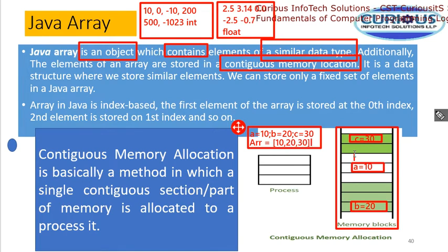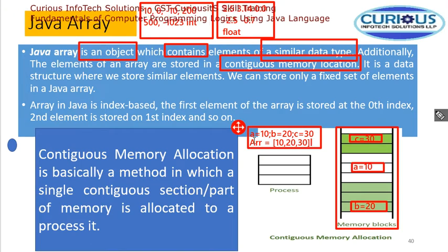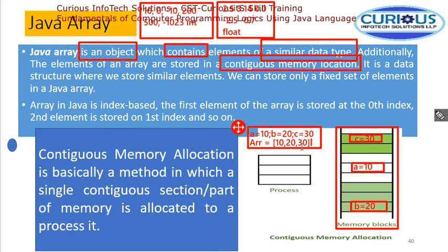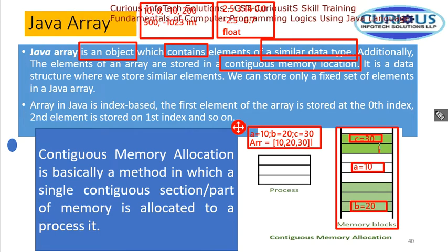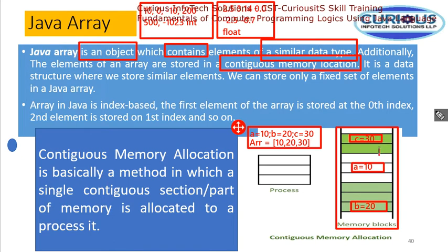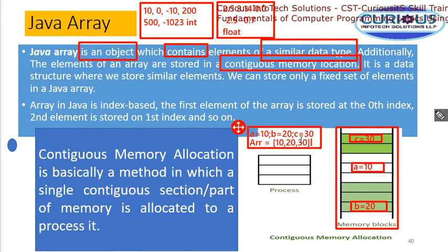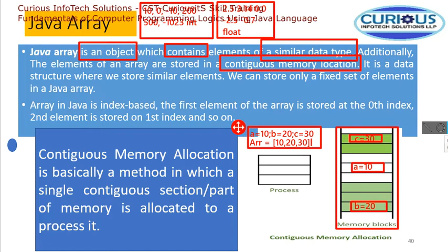This is my one container in which I am storing 10, 20, 30. So here we require contiguous memory allocation. Between C and A there is no contiguous memory allocation for these three, so I have to think between A and B. In A and B I have 1, 2, 3, so three locations are there.